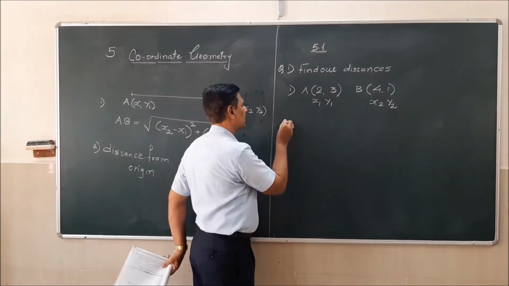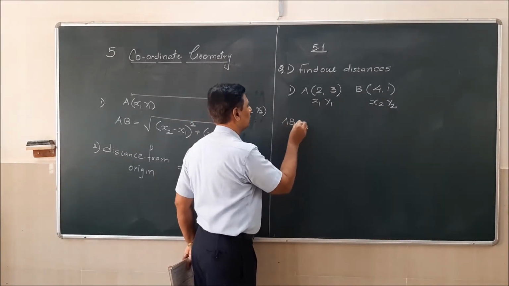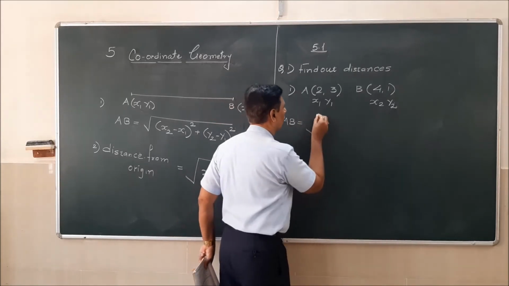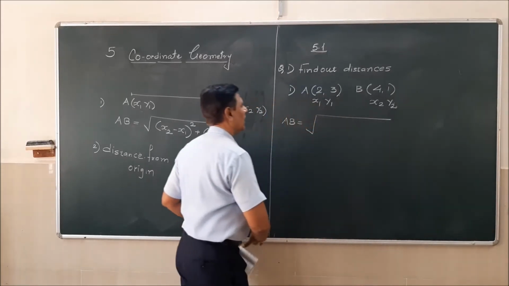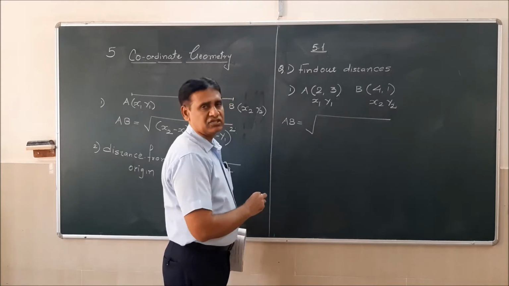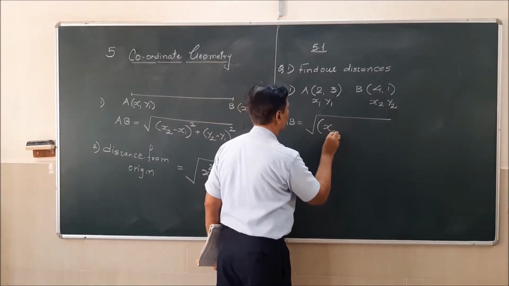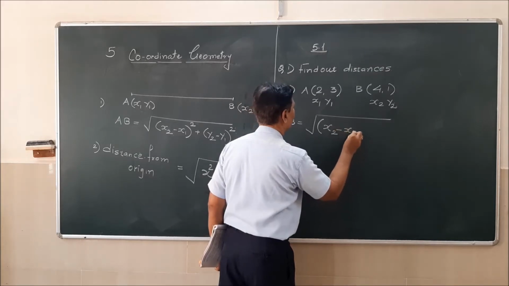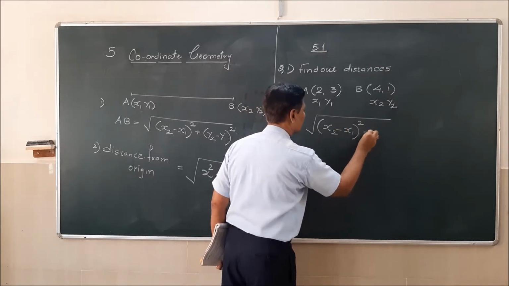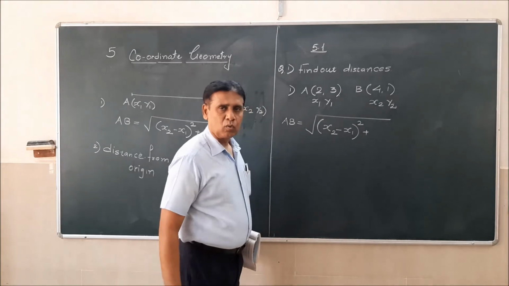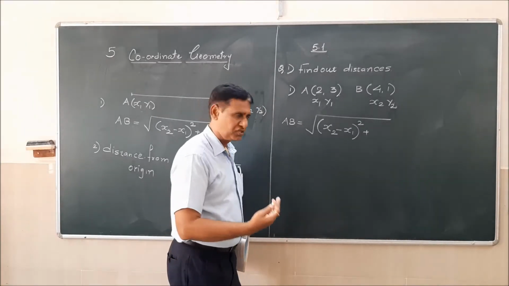So distance AB is equal to the root of (x2 minus x1) the whole square plus (y2 minus y1) the whole square.